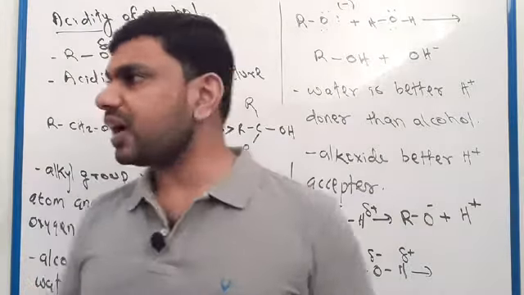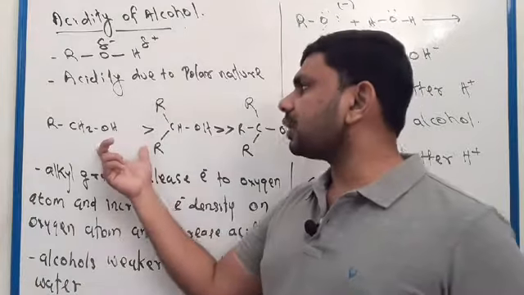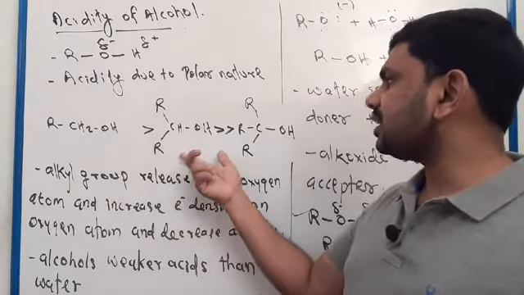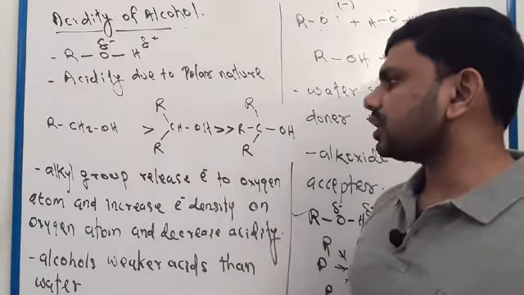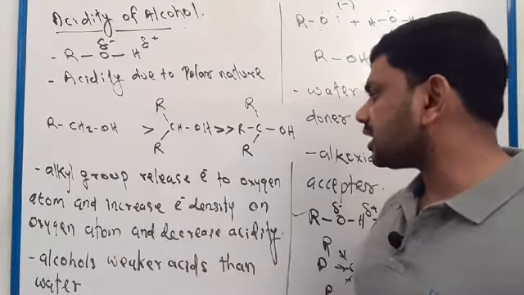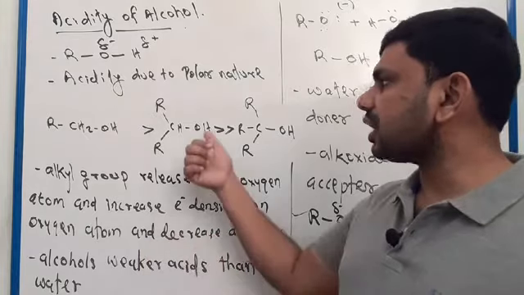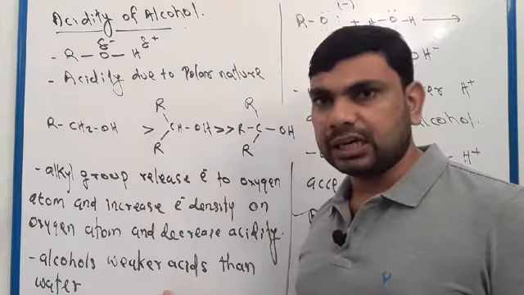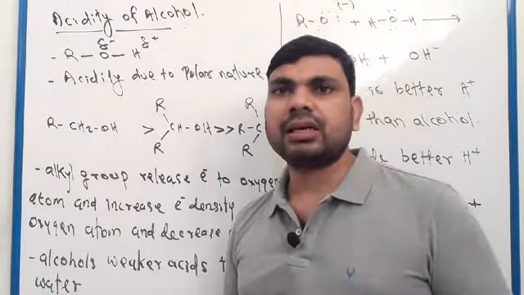So the order of acidity is primary alcohol more acidic than secondary and tertiary. This is the reason: alkyl groups release electrons to the oxygen atom, and the intensity of charge on the oxygen atom increases.